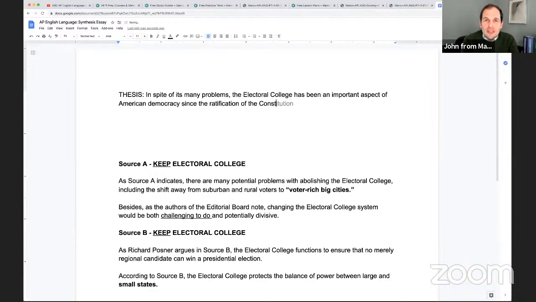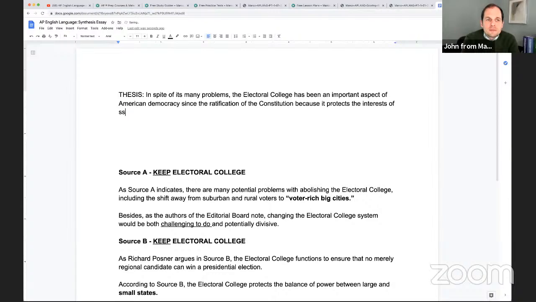Oh, see, this autofill thing is going to be gone on the digital software. I'm going to miss it. It's been important since the ratification because it protects the interests of smaller states and non-urban voters.